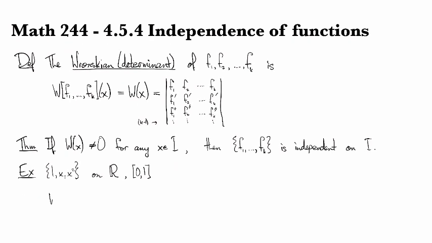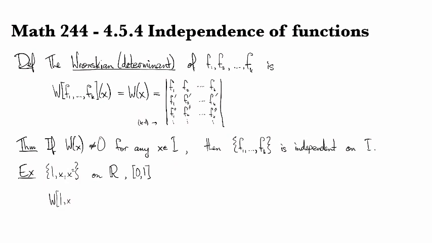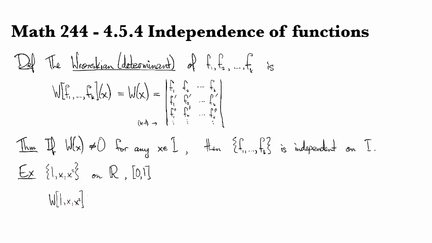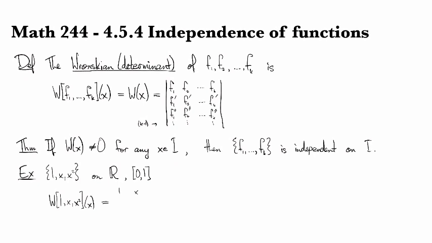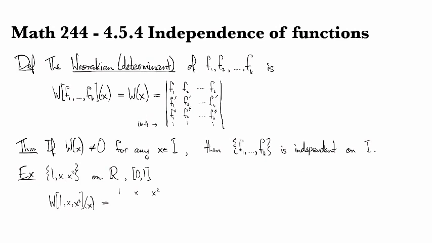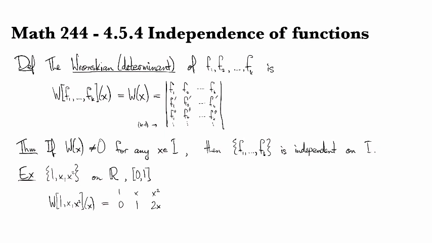So if I look at the Wronskian of 1, x, x squared, then I put 1, x, x squared across the top of my determinant, and then I differentiate 1, and I differentiate x, and I differentiate x squared, and then I do more derivatives.